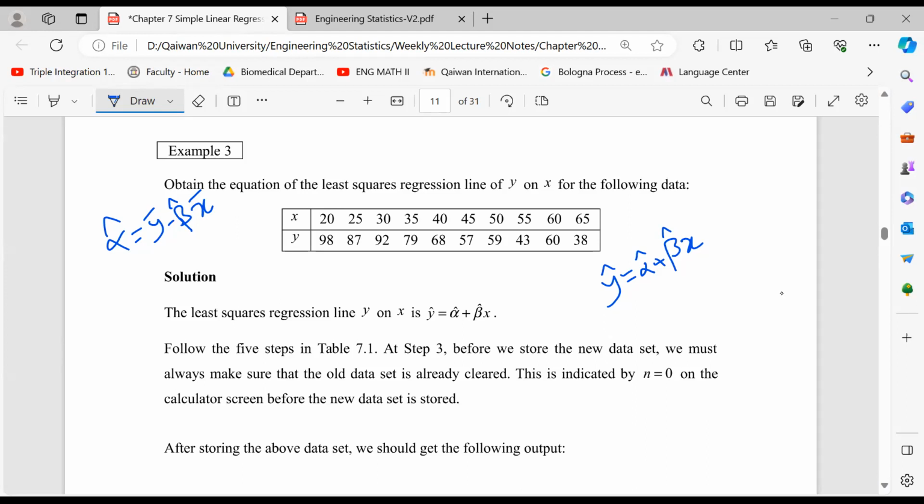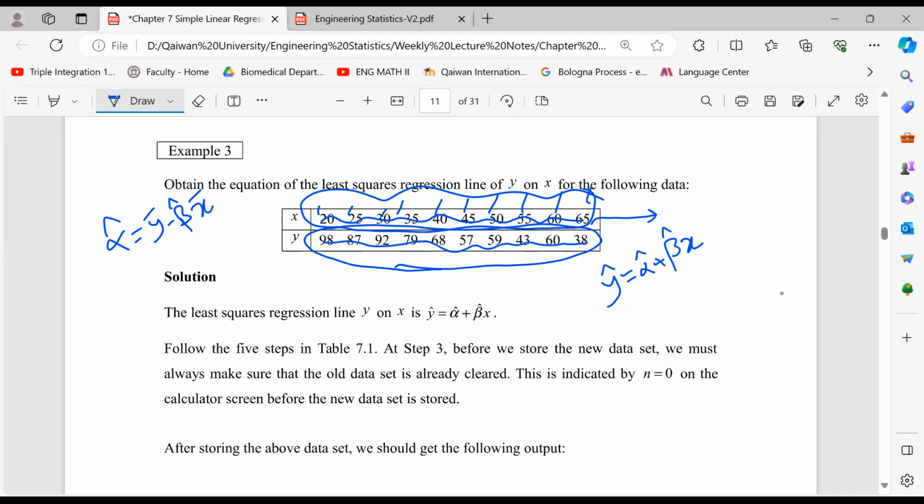Let's first find x bar and y bar. X bar is the sum of these elements, divided by 10, as there are 10 values. The sum of these x values divided by 10 is x bar. And the sum of these y values divided by 10 is y bar. Finding x bar and y bar is so easy.